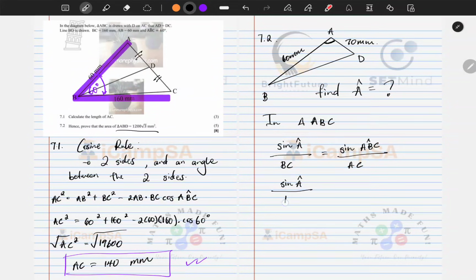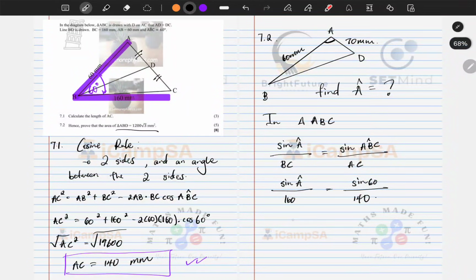BC is 160, sine of ABC is sine 60, and AC is 140.